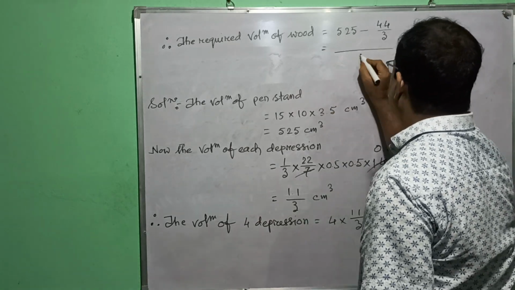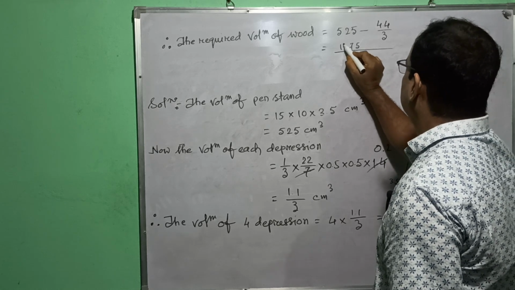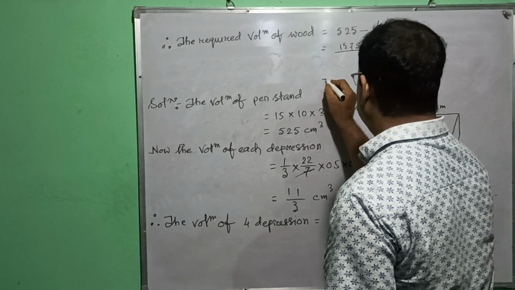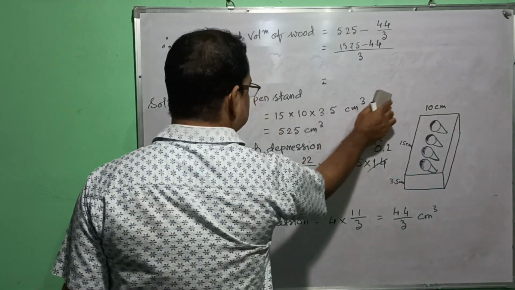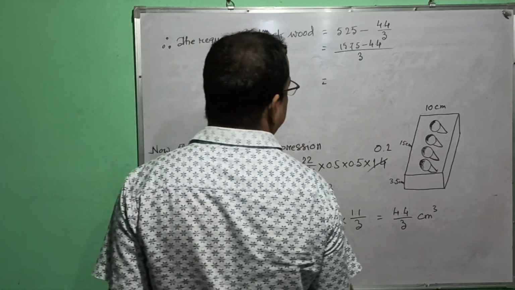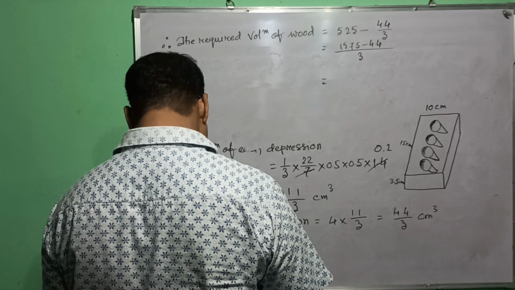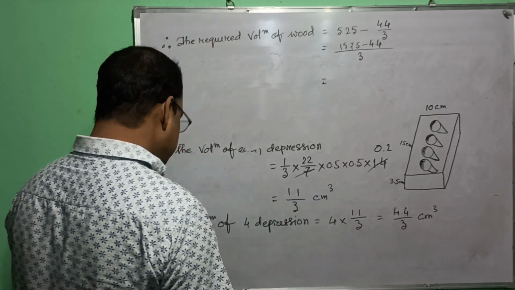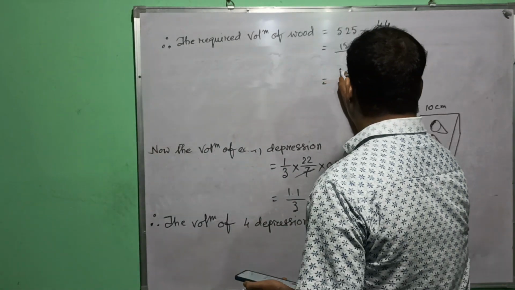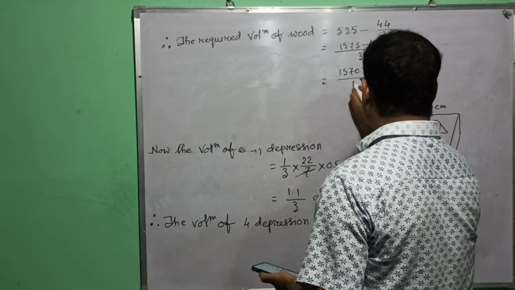So let me take the LCM. Here it will be 1575 minus 4.4, equal to 1570.6 divided by 3.